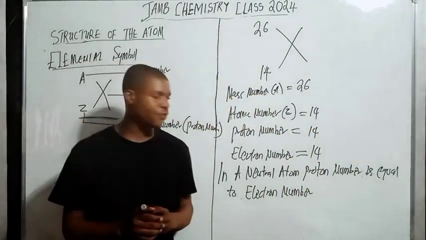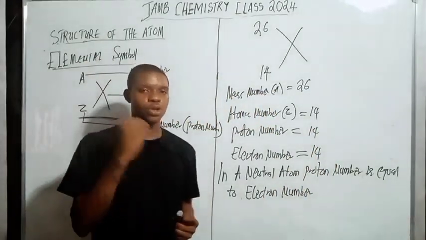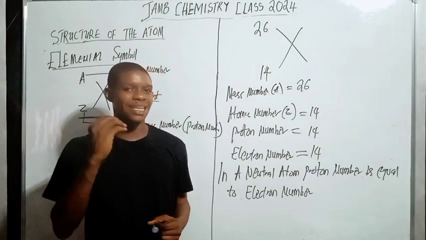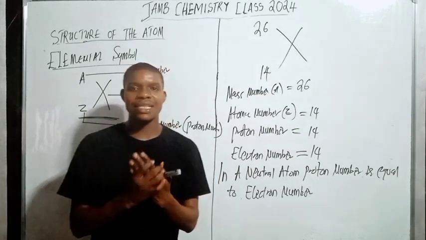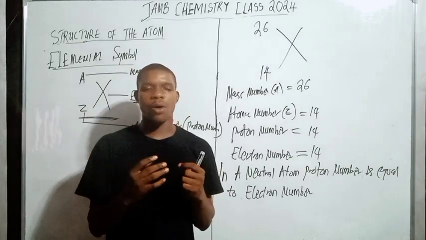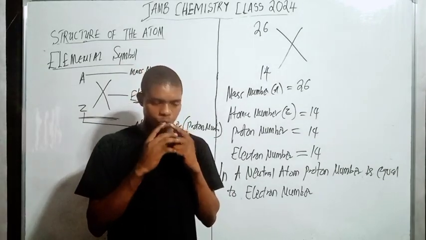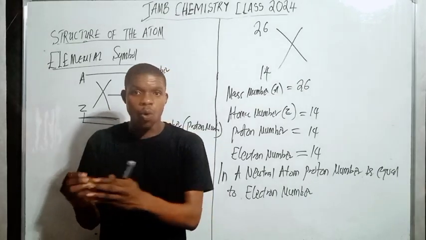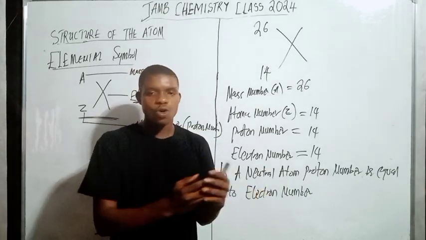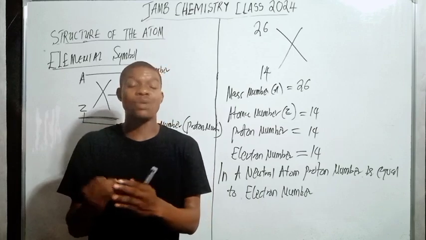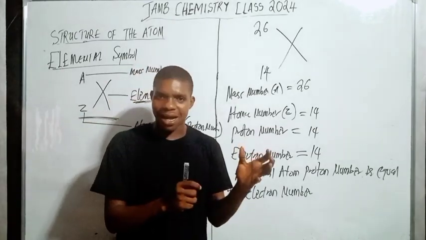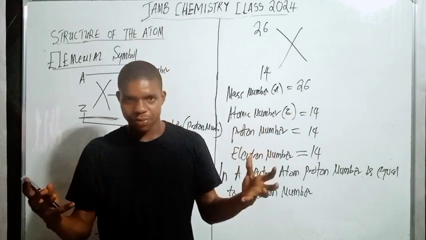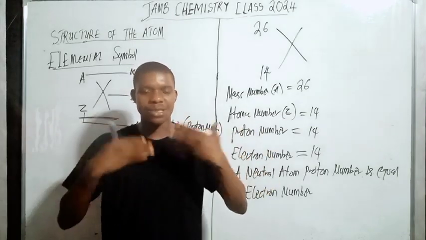So don't ever forget that in a neutral atom, the proton number and the electron number are equal. Now, if they ask in the exam what makes an atom electrically neutral? An atom is electrically neutral when the proton number and the electron number are the same.